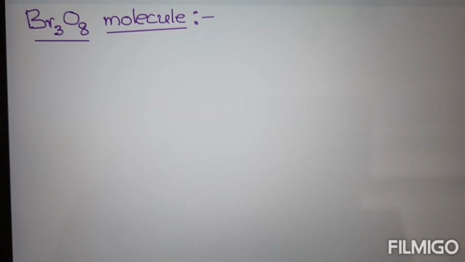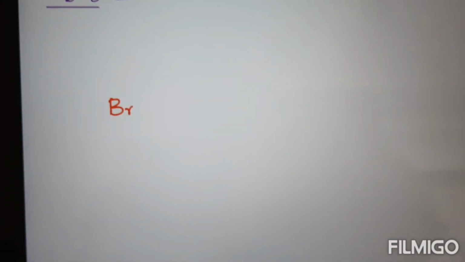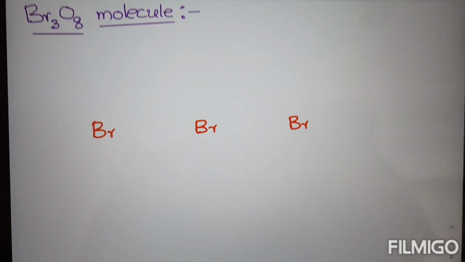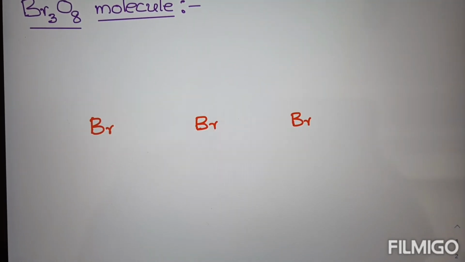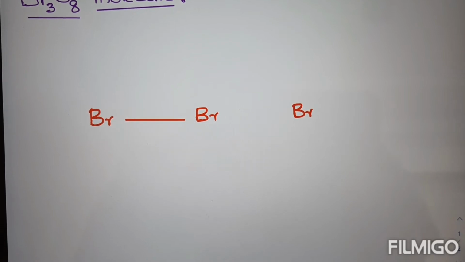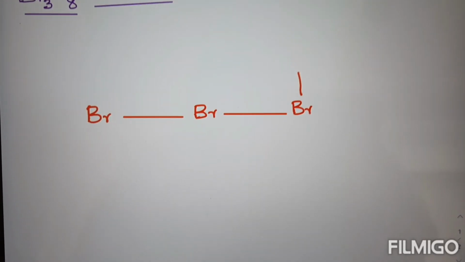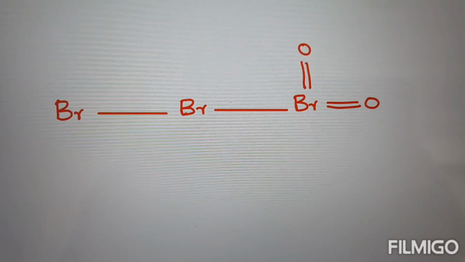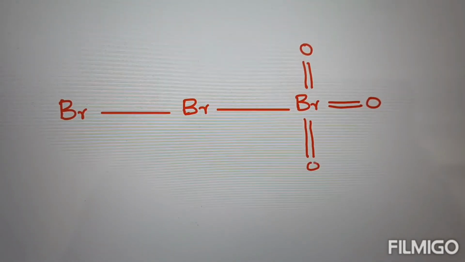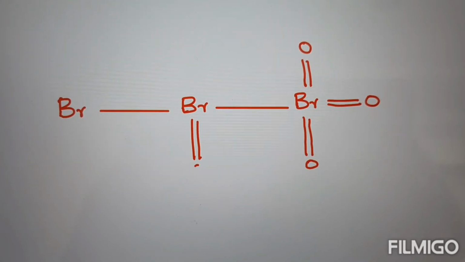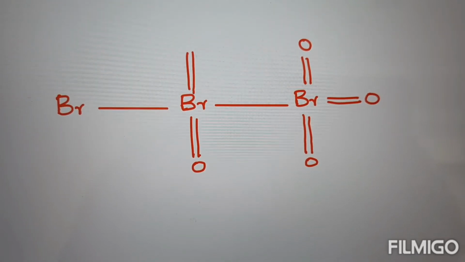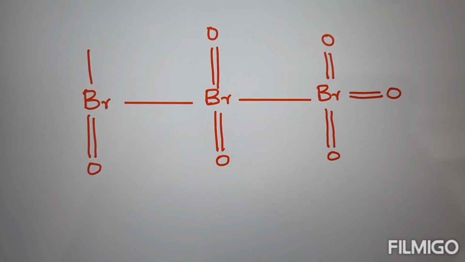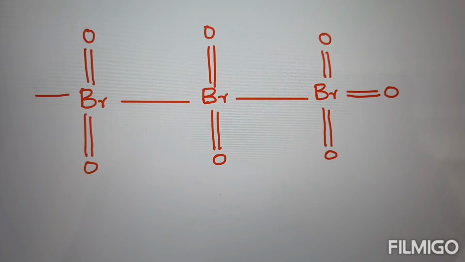In this Br3O8, a bond is formed between bromine and bromine, and there are double bonds to oxygen on each of the bromine atoms.